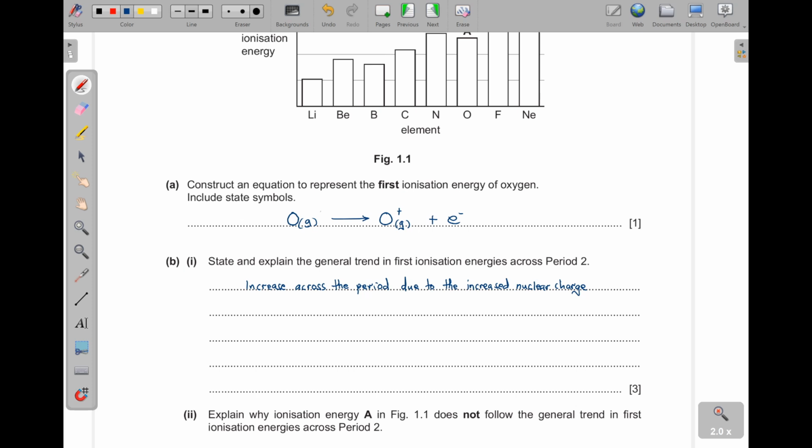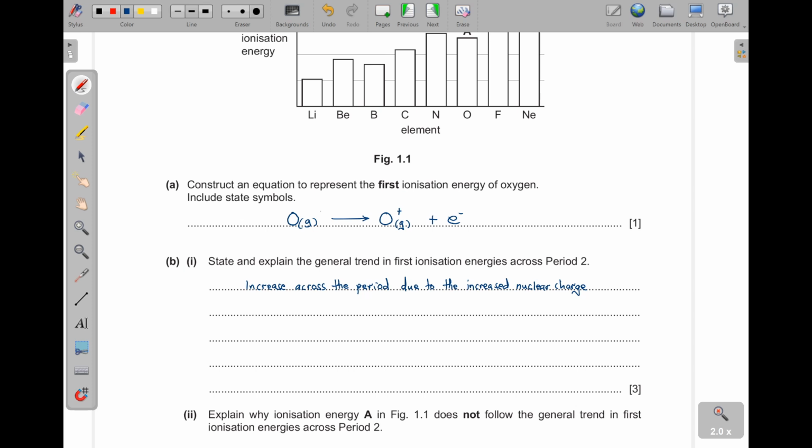So the nuclear charge, we are looking at the protons in the nucleus. The more the number of protons increases, the more the nuclear charge increases. Okay, because protons are in the nucleus and they are positively charged. So the charge on the nucleus gets bigger and bigger.